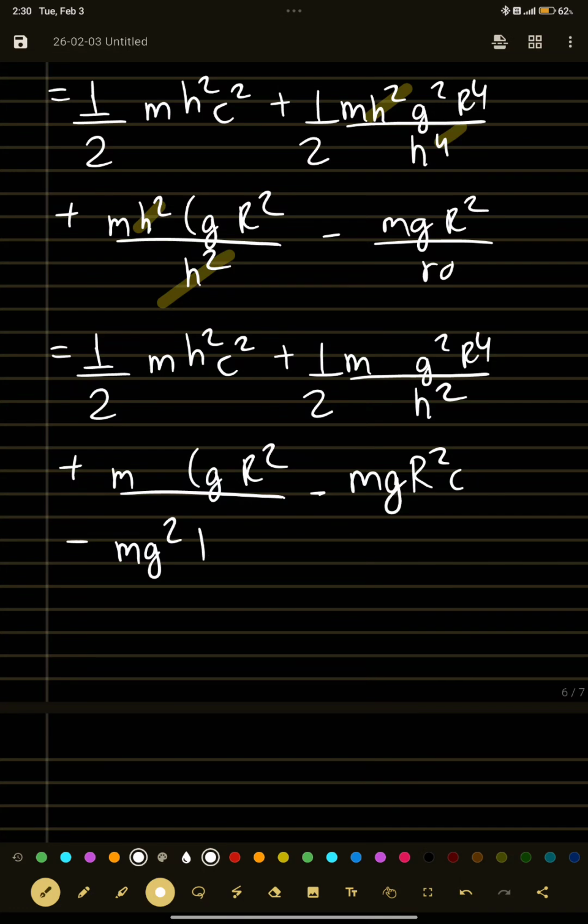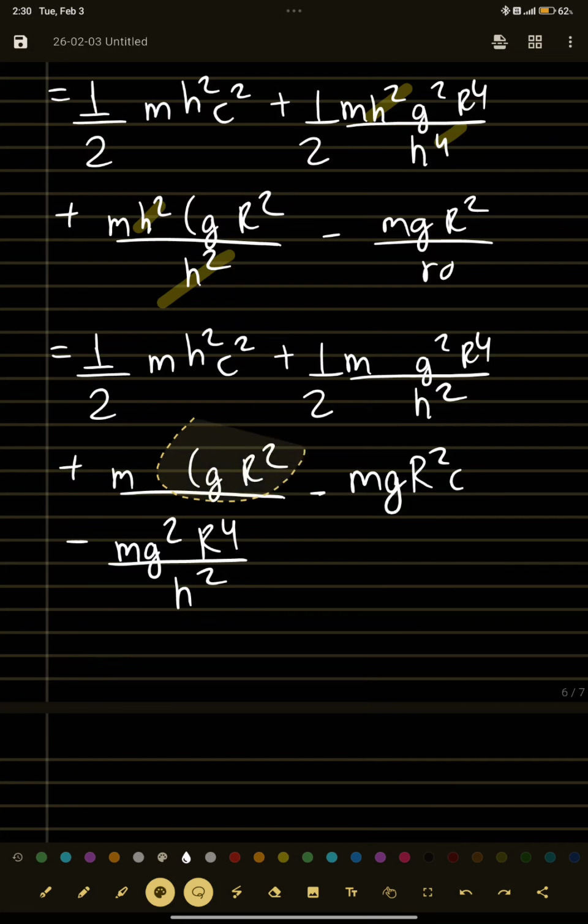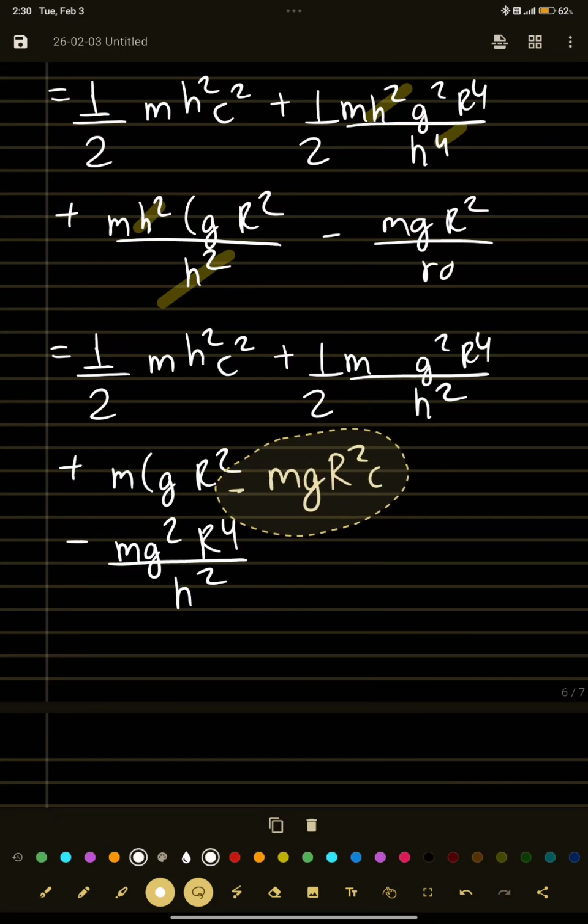Still confused? So you can see that here you have mg r square c, here also you are having mg r square c.